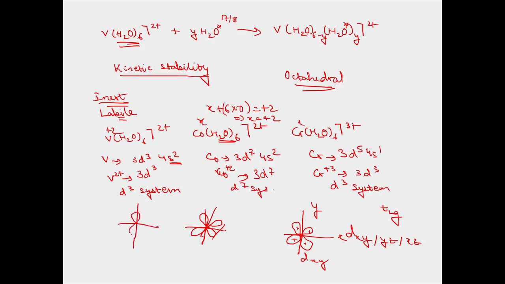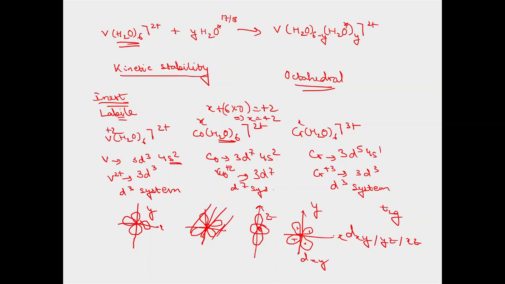One is dx square minus y square, where we consider x and y, and the other one is dz square. So this is also along the axis. In an octahedral crystal field, a ligand always approaches from the axis.